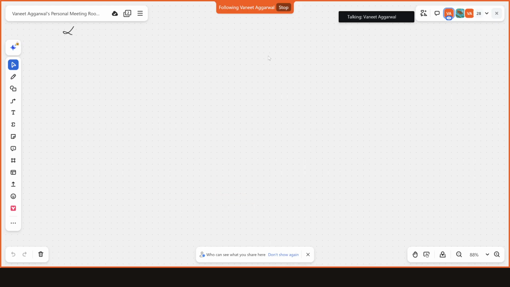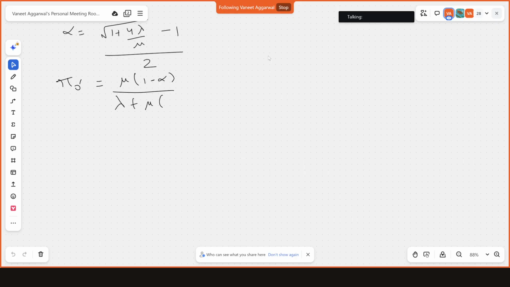Here alpha was root of 1 plus lambda over mu, minus 1, by 2, and pi 0 prime was mu times 1 minus alpha over lambda minus mu times 1 minus alpha.